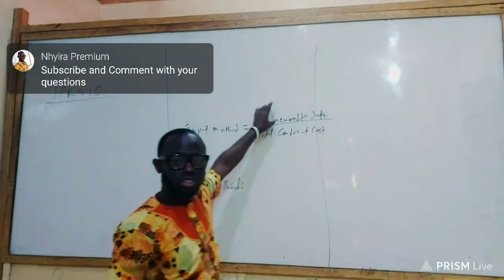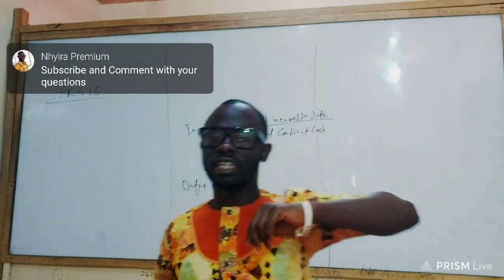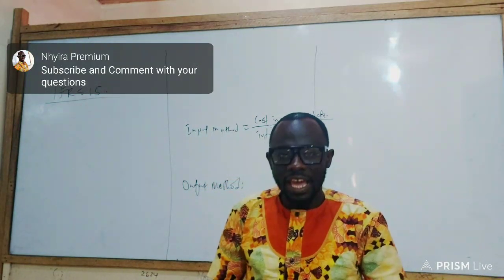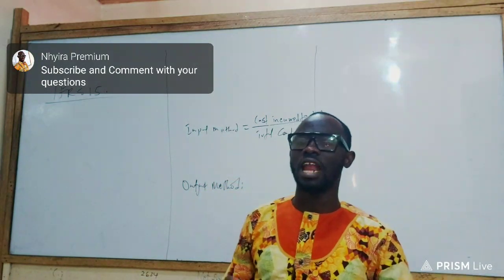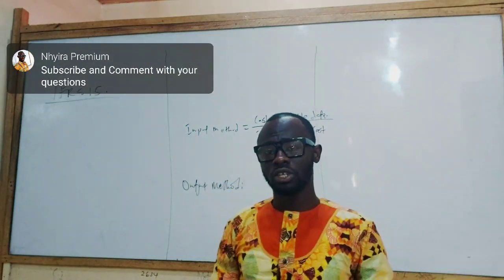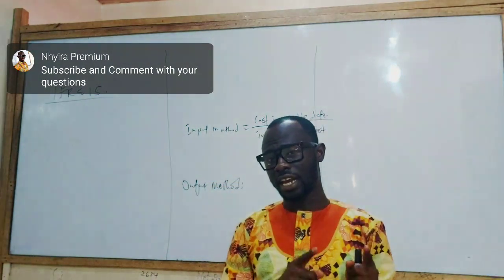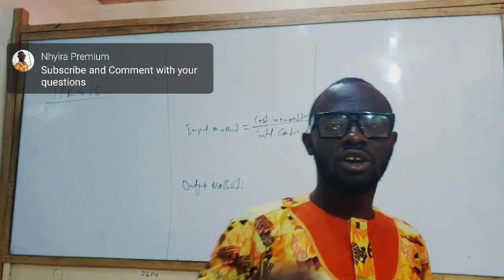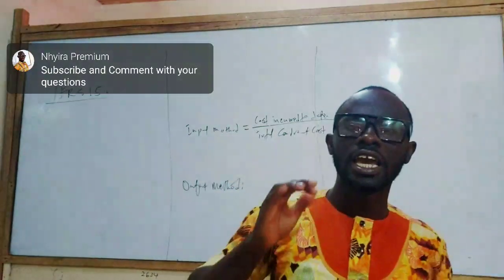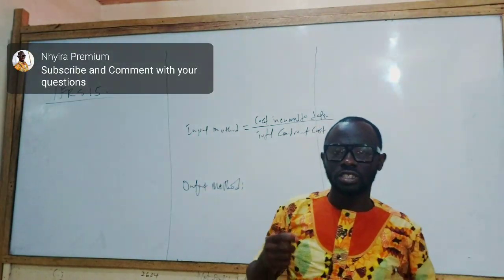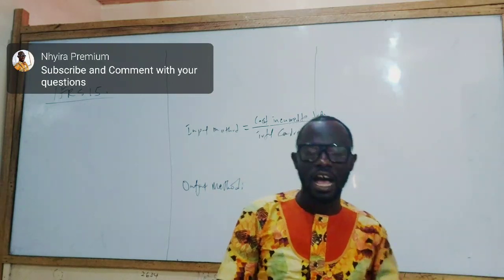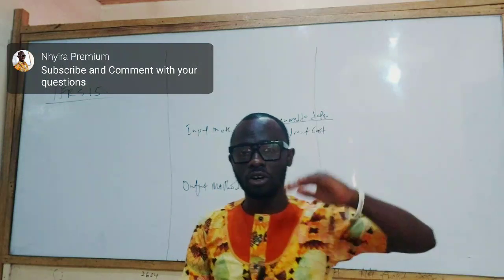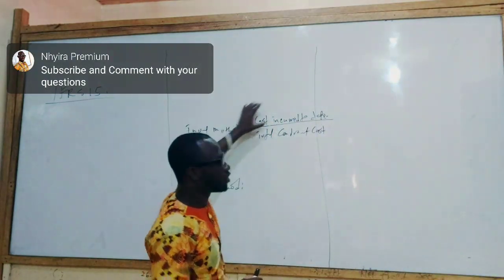When we say cost incurred to date, it includes both the cost the entity has incurred to date on the project, as well as any materials that they have bought for future usage. That is the cost incurred to date.